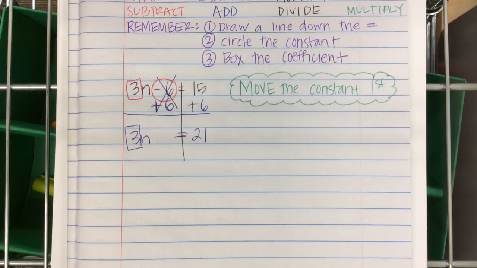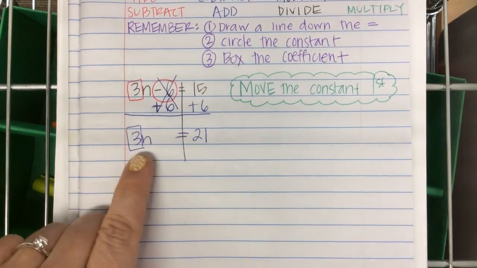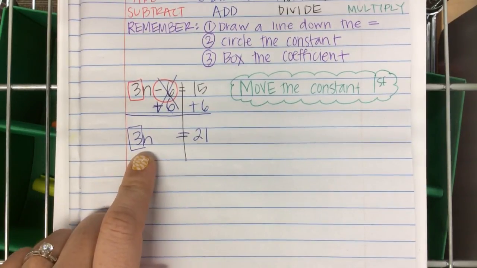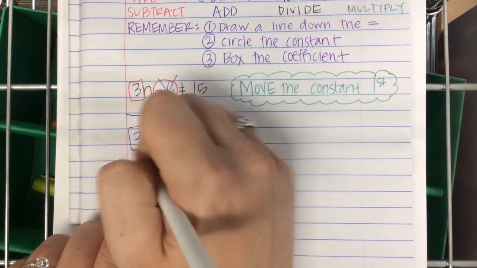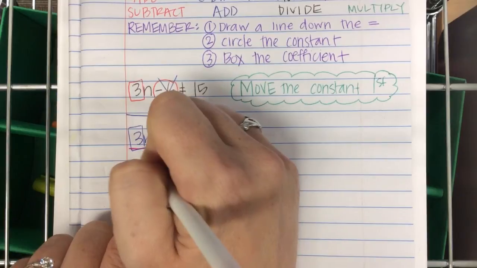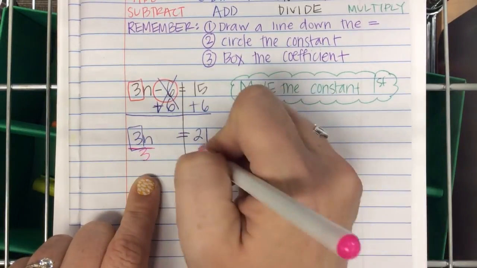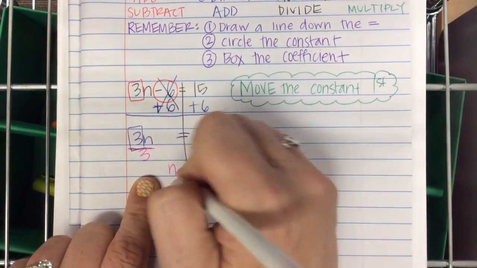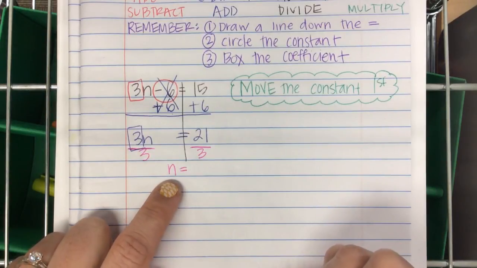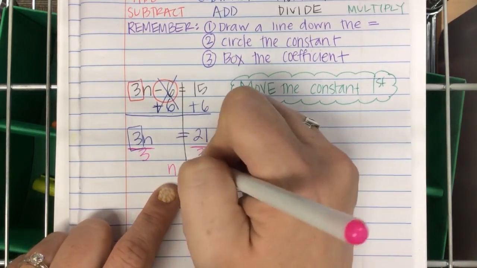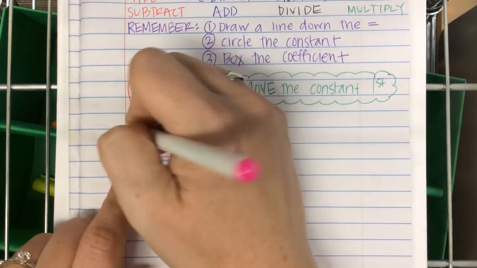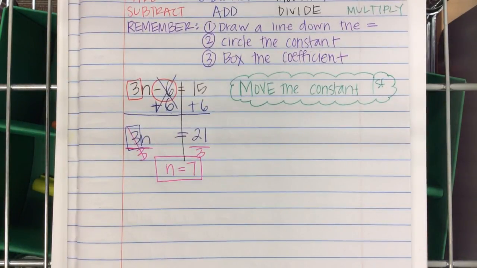So now I do the inverse operation. 3n means 3 times n, so I'm dividing by 3. So n equals 7, because 21 divided by 3 is 7, and 3 divided by 3 cancels out.